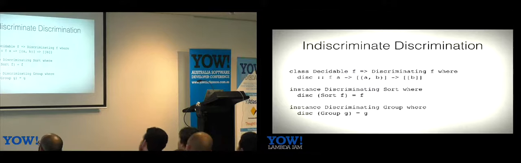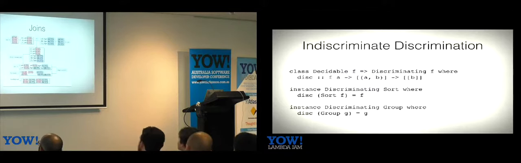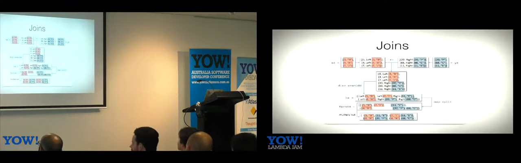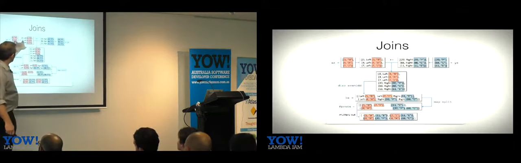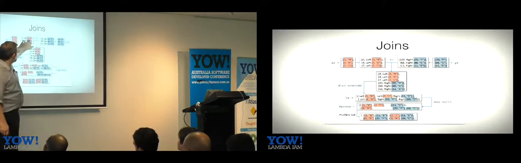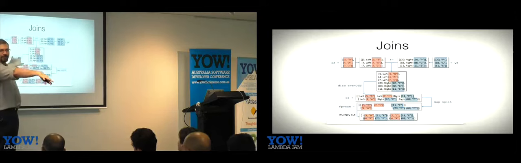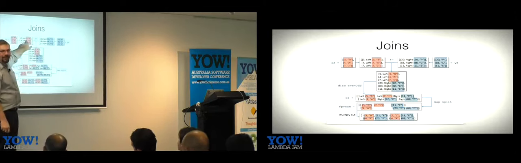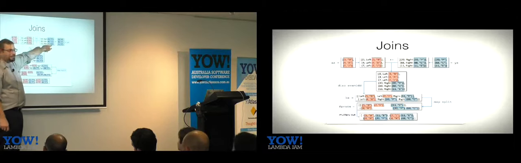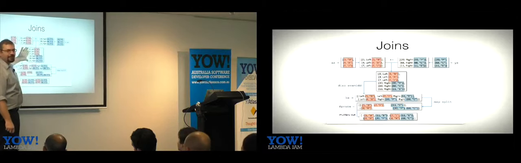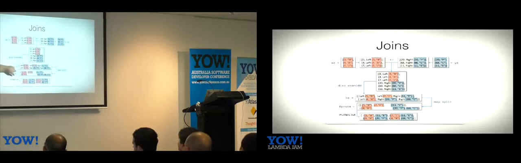Sometimes we don't care if it's sorted or not. Like for joins, I might want to be able to join on an ordered predicate or not. But you can do joins just by showing that what we'll do is inject it, we'll make our payloads lefts and rights. So you have two things you want to join. You'll have like one table on the left and one table on the right. So we'll inject whatever the thing was to tag whether it came from the left table or the right table, append these, run them through my discriminator.